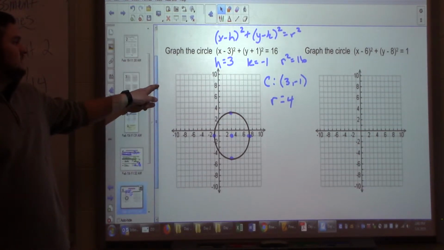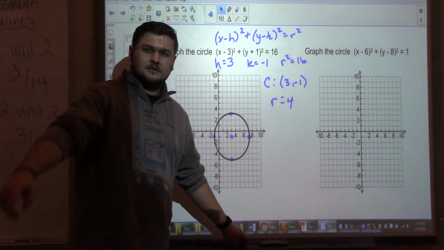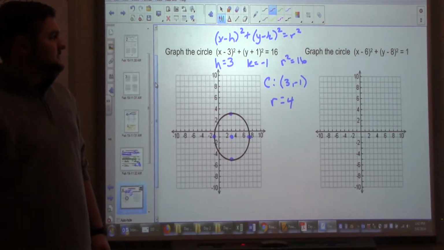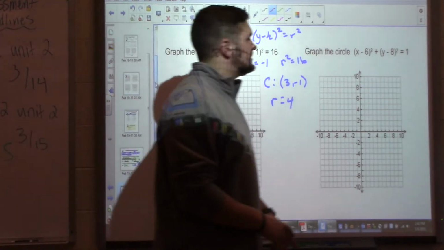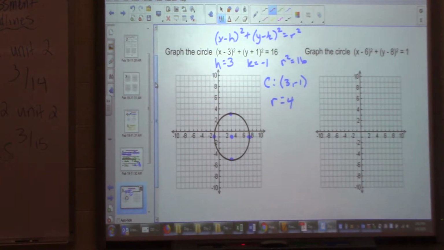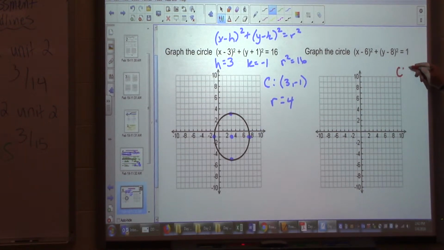Alright, next one. I have (x minus 6) squared plus (y minus 8) squared equals 1. What's my center going to be at? 6, 8. My h is 6, k is 8.